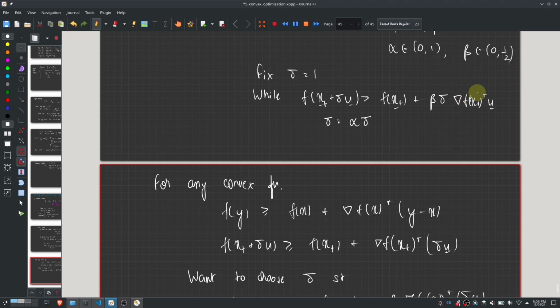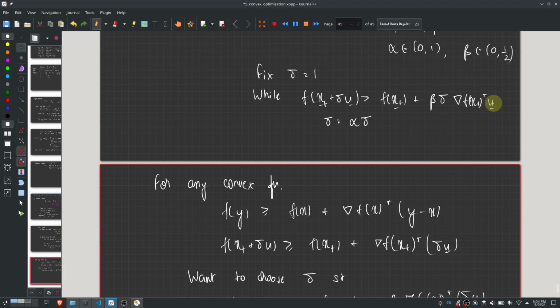Along the direction of the gradient, the function value will increase, that's for sure. So we always choose a direction along which the function value decreases. That's the fundamental assumption here. You always choose u such that the inner product with the gradient is negative. Typically, you choose u to be the negative of the gradient or some normalized version of that.